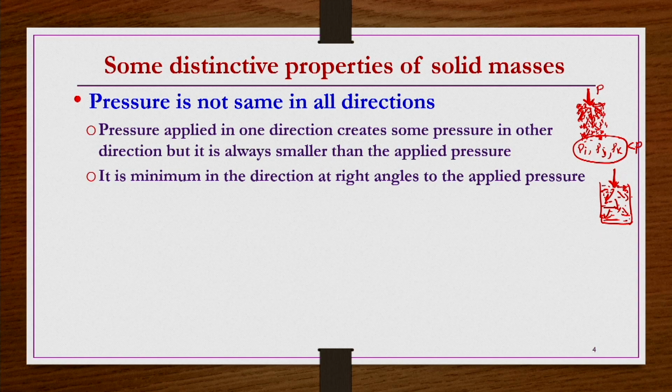Let us say in the normal direction the pressure is Pn. Pn is very much smaller than the applied pressure, and this Pn is in general minimum, but it is not negligible. The pressure distributed or created at right angles to the applied pressure, we can call the normal pressure. If this is the pressure you are applying in this direction, then whatever is along my hand should be taken as the normal direction.